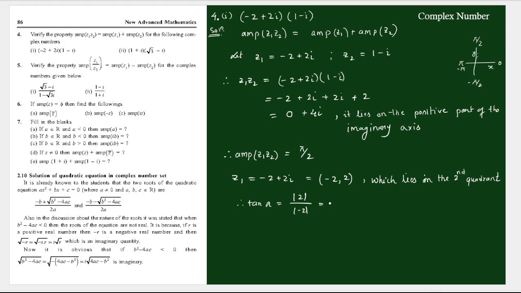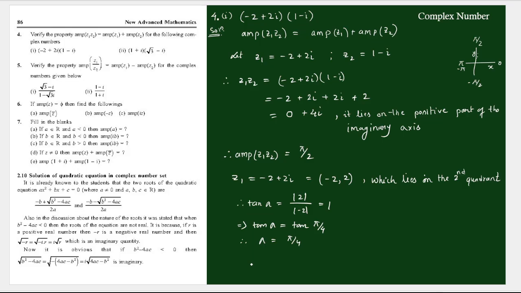So this will be how much? 2 by 2 is 1. So tan alpha equal to 1, and 1 means tan 45 degree. How can we write 45 degree? Pi by 4. So therefore alpha equal to pi by 4.